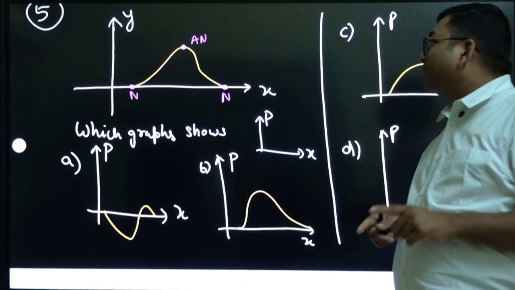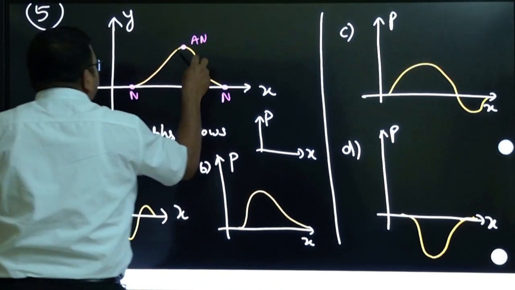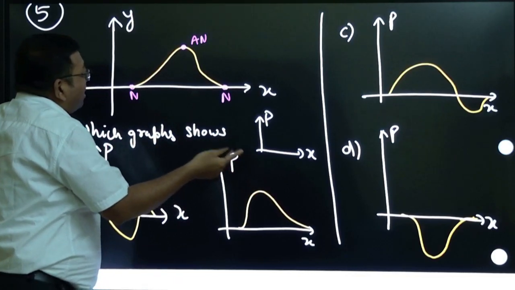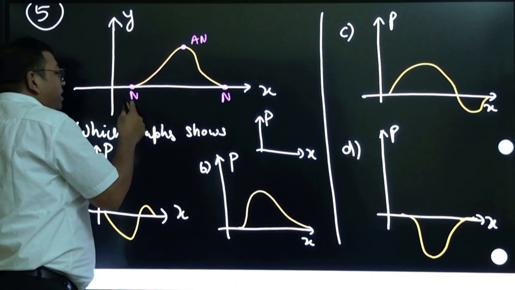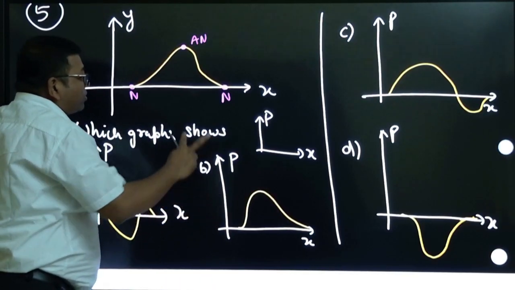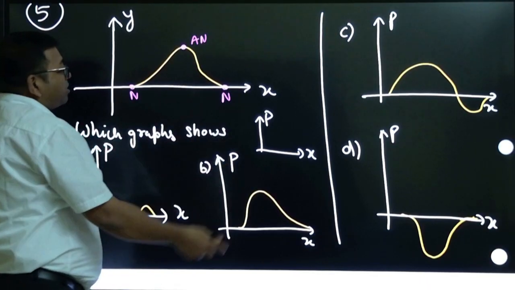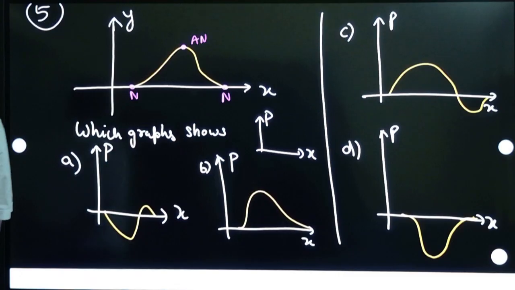Yes, now you are correct. Because wherever there is a displacement antinode, there is a pressure node. And wherever there is a displacement node, there are pressure antinodes. So these two nodes will become antinodes in this graph, and this antinode will become a node. Now tell me which graph is possible.